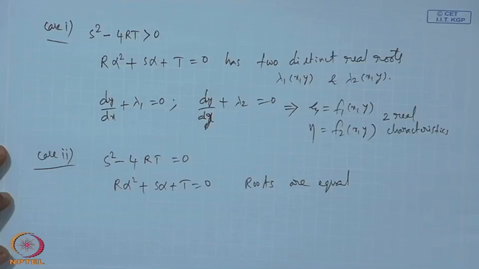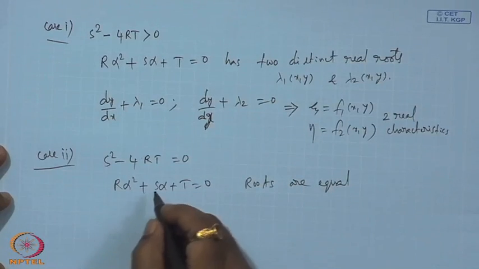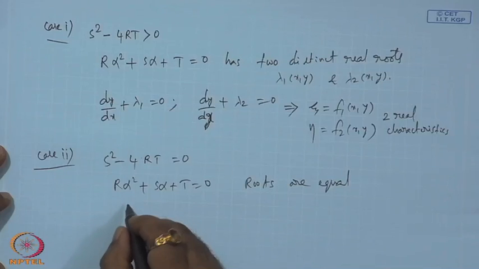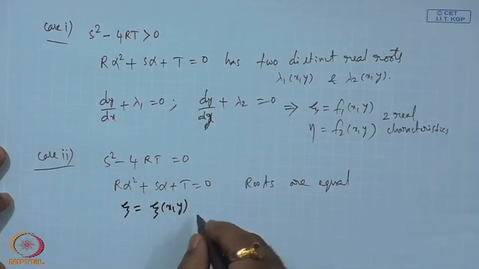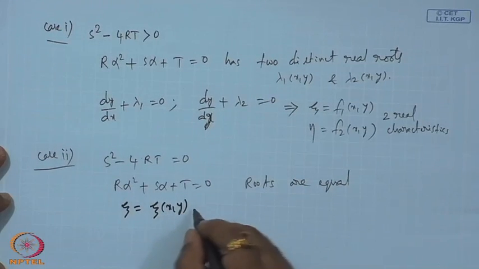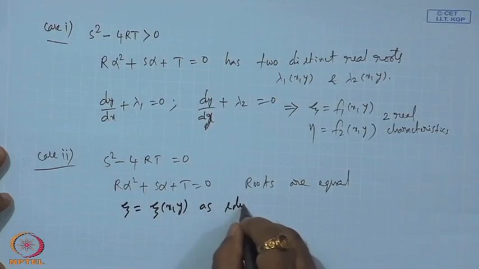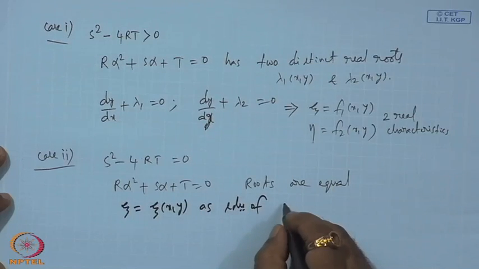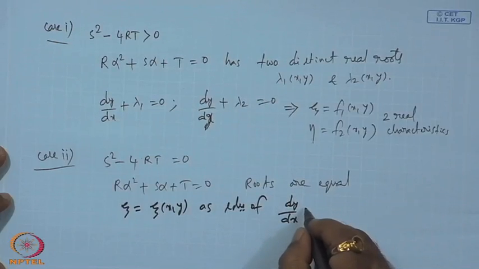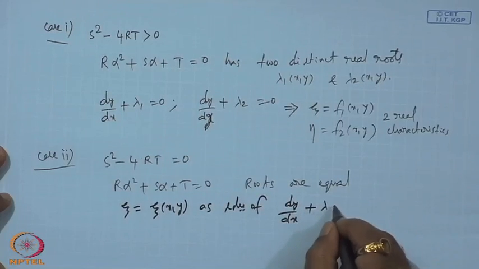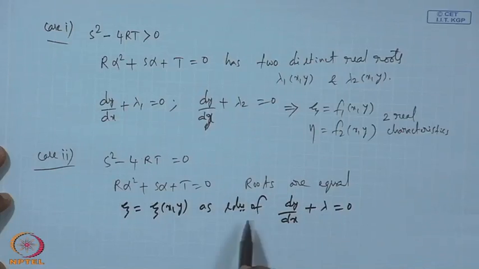The roots are equal, so then we have only zeta of xy, which is the solution of dy by dx plus lambda equals 0.